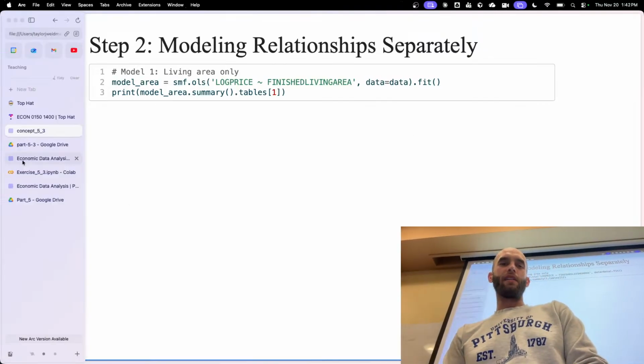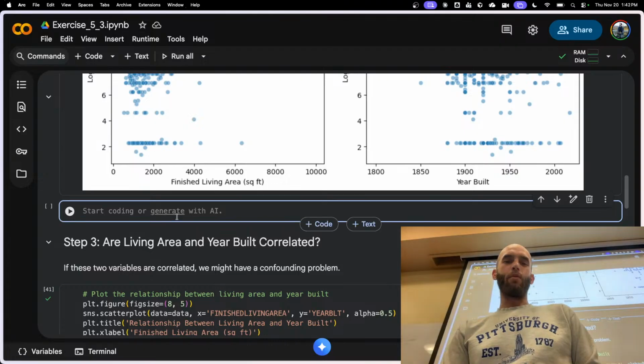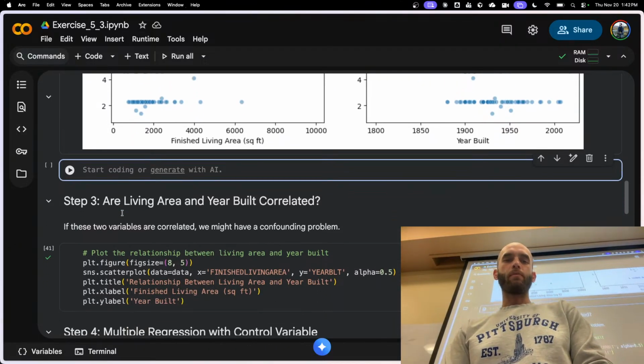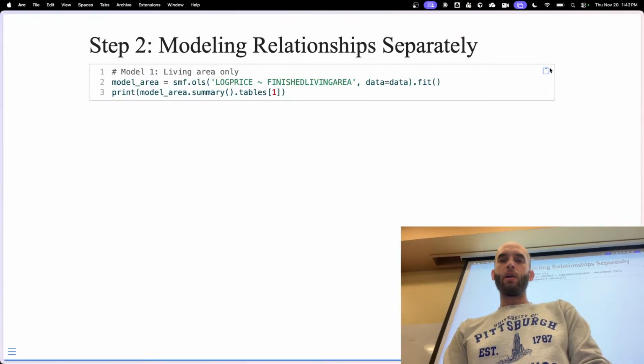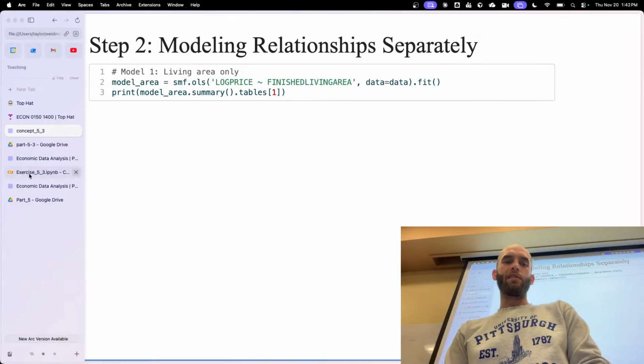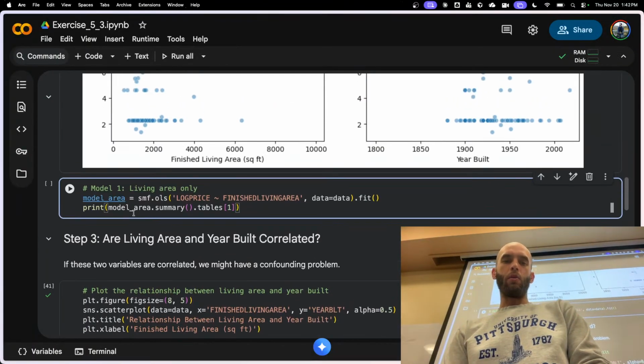Okay, so let's actually hop over. That'll get posted in a couple minutes here. So for now, you can just reference this here. I'm going to copy it over, and you can just follow along in your notebook. So this is just model 1.